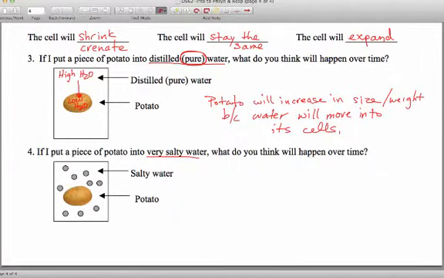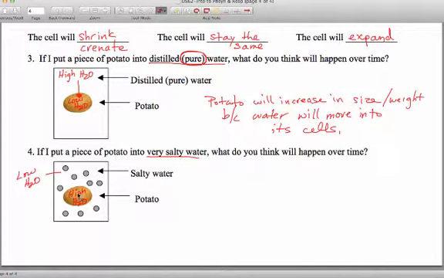If this is really salty water, that means I have a high solute concentration and a low solvent concentration. That means that on my outside, I'm going to have low H2O. Because I have so much salt relative to the amount of water, if I compare that relative concentration to the potato, it's going to appear as if the potato has high H2O. And if that's the case, we still want to be equal.